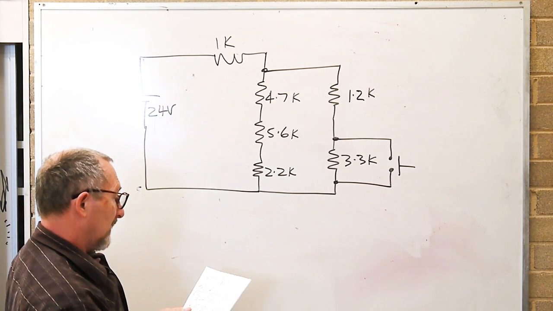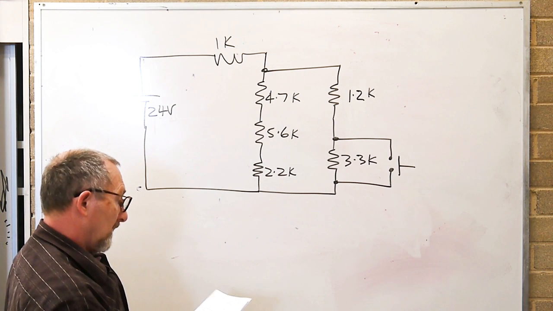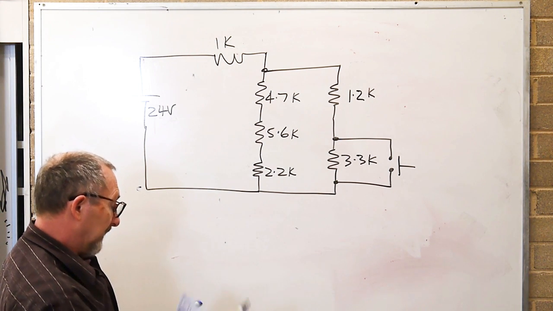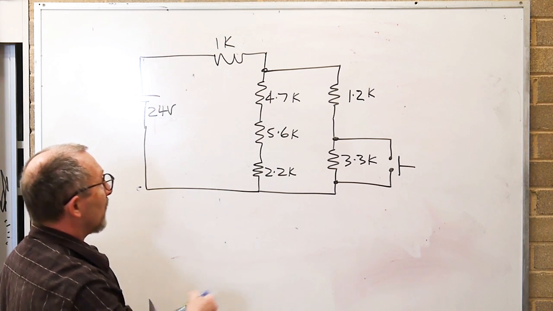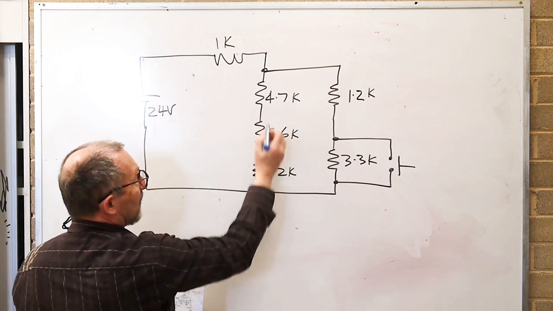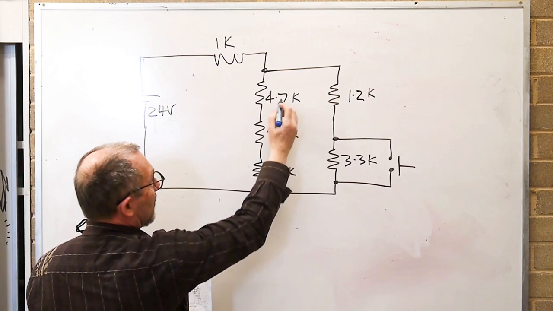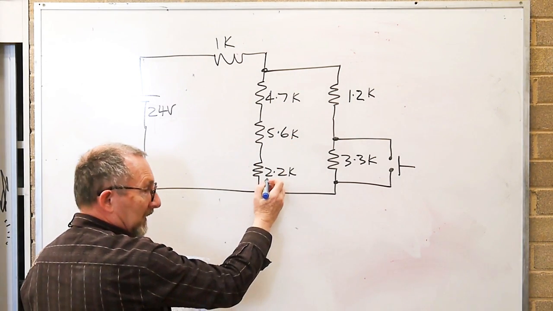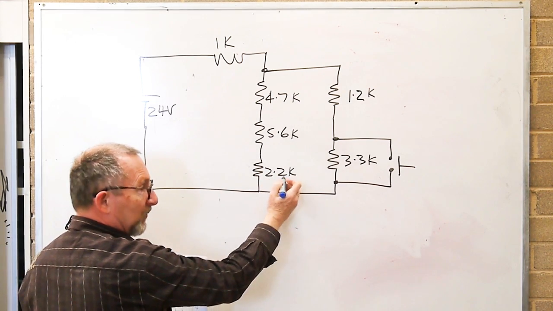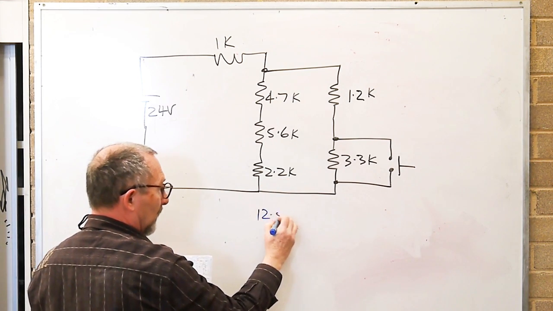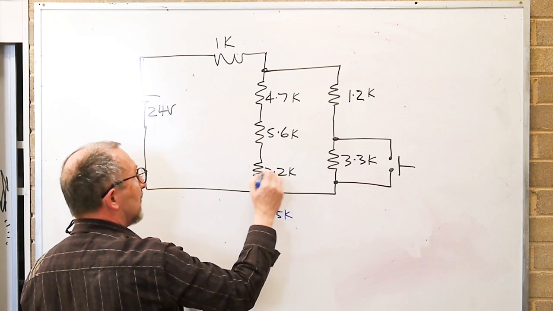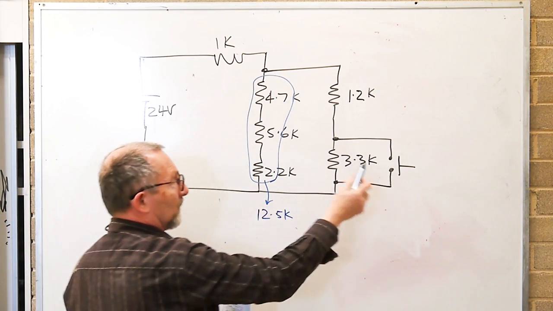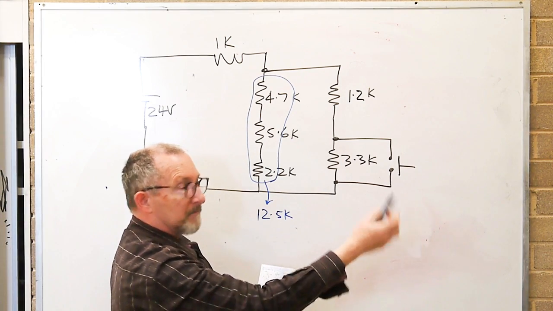Okay, let's see if we can work this out then. We've got to add up the first network there. So we've got 4.7, 4 and 5 is 9, 9.7, 10.3, 11, 12.3, 12.5K. 12.5K here. And then, because the switch is open, we've got to take both resistors.